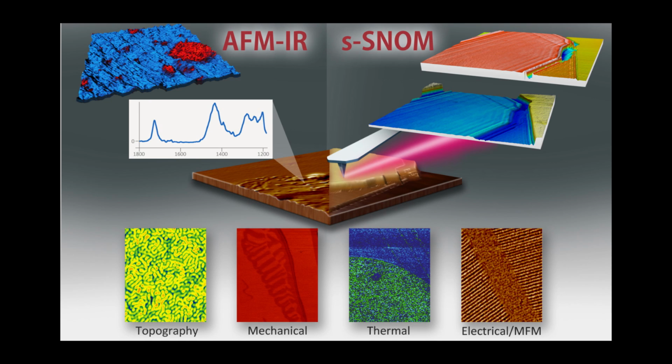There's a question about what happens if the IR laser interacts with the tip. Does it affect the measurements? Our original nano-IR specifically tried to avoid this issue by using illumination from below. We mounted samples on an IR transparent prism and used total internal reflection illumination to minimize the light impact on the tip.